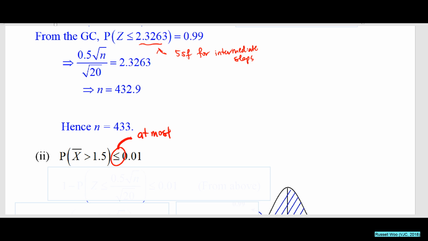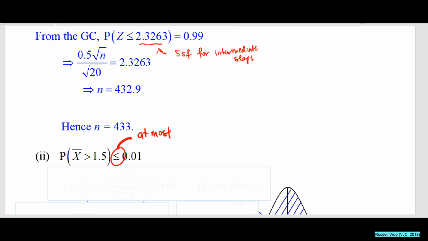At most means smaller than or equal to. Make sense? Yes? So, in part 1, we have already solved the equal equation. We solved part 1 if it's equal. What if it's an inequality? How do we solve? Almost exactly the same.